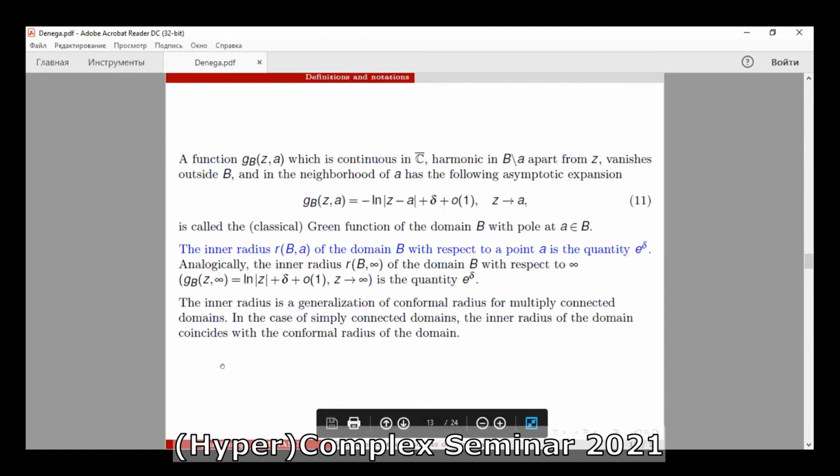The inner radius is a generalization of conformal radius for multiply connected domains. If we have a simply connected domain, then the inner radius coincides with the conformal radius.